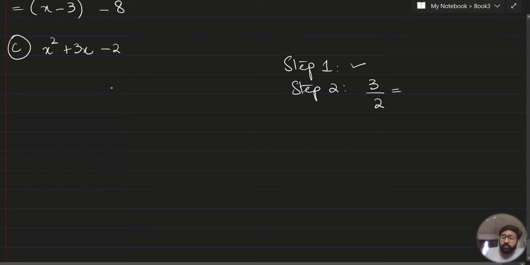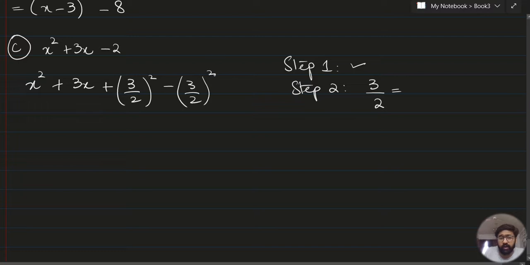It's better if you use the fractional form because we might not get to use the calculator in P1. Okay? So 3x, half of it is 3 by 2, x plus 3 by 2 whole square minus 3 by 2 whole square minus 2 as it is.